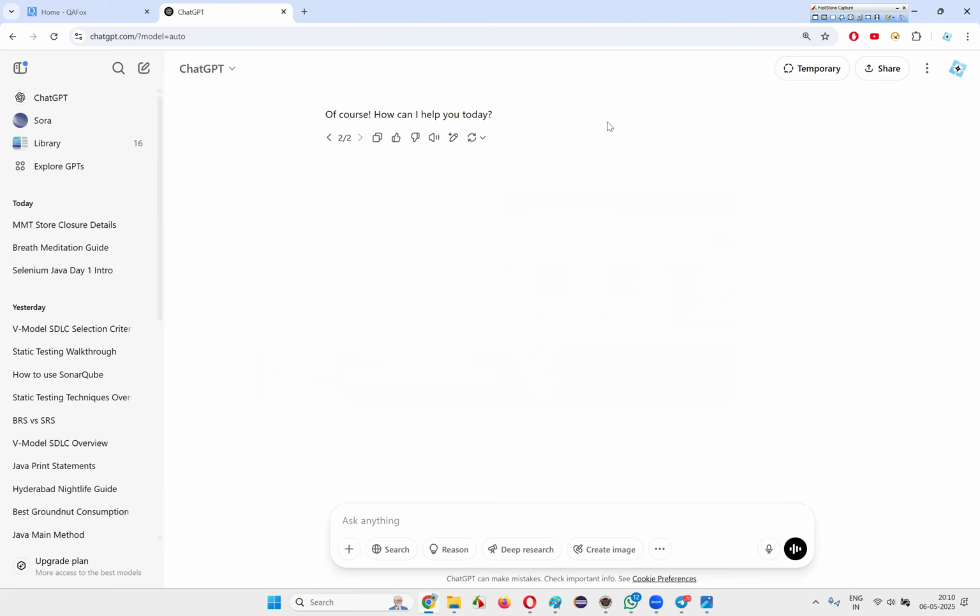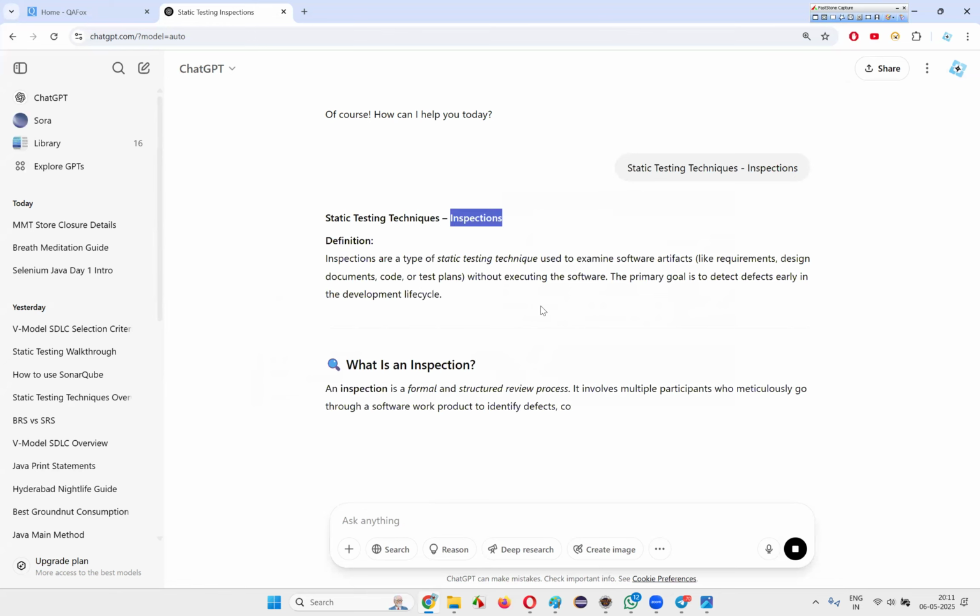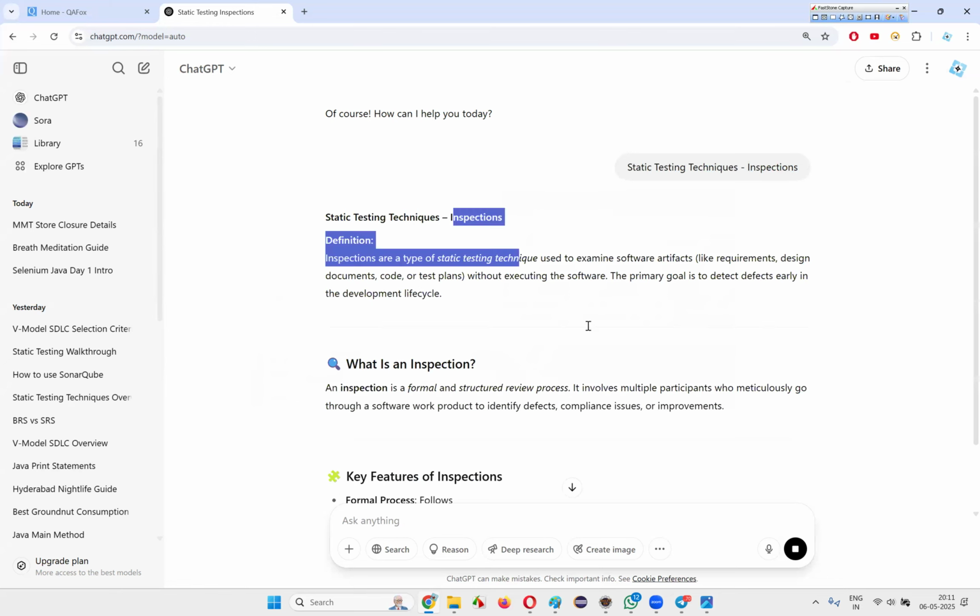There is a problem, so let me write something here: static testing techniques, and I'll simply say inspections. Like walkthrough was an informal one, right? But this is a formal one. Inspection is a formal one.